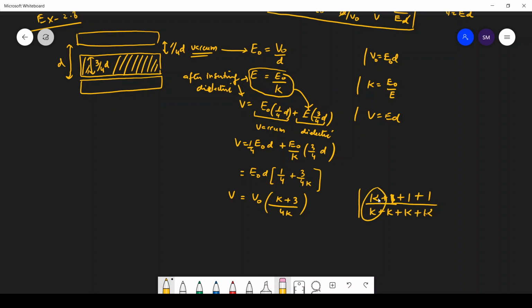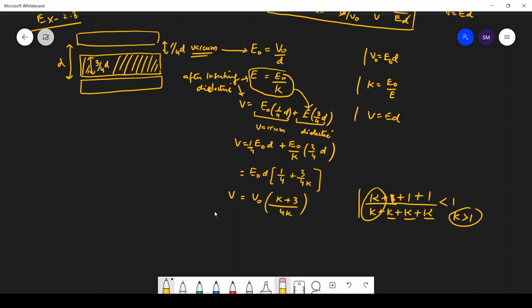Now this K is the same, but for these 3 K's, the value of K is greater than 1. So obviously 3K will be greater than 3. So it means this whole factor will be lesser than 1. So multiplying V naught with something lesser than 1, it means V is lesser.